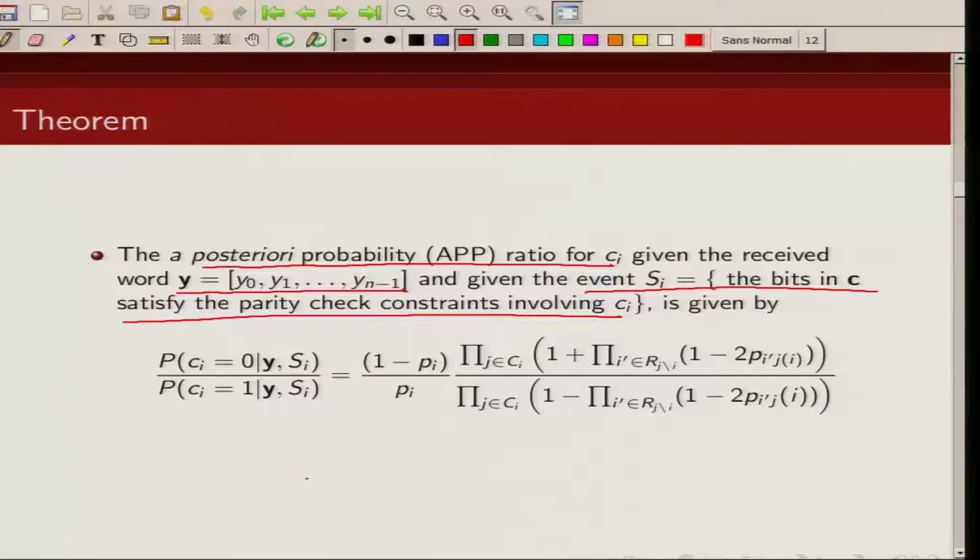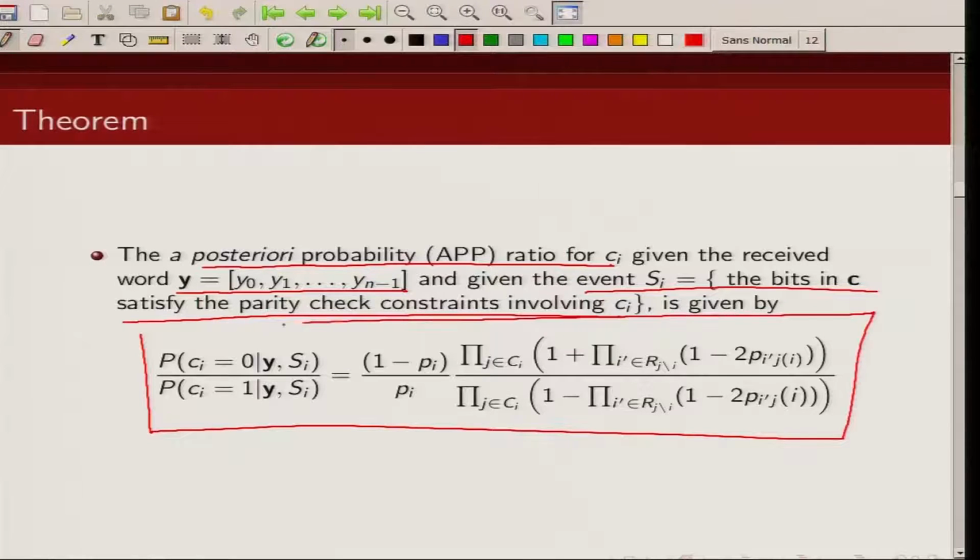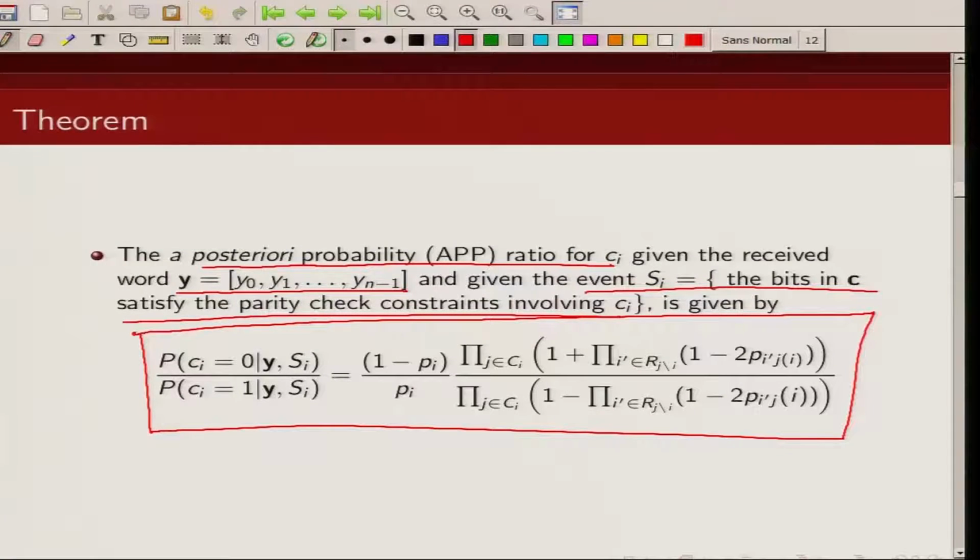This is given by divided by probability of Ci being 1 given Y and Si. This expression is given by this expression. And we are going to use the theorem that we have proved in the beginning of the lecture to derive this expression. Namely, if you have m independent random variables, what is the probability that some of them has even parity and some of them have odd parity. We are going to make use of that result to derive this expression.